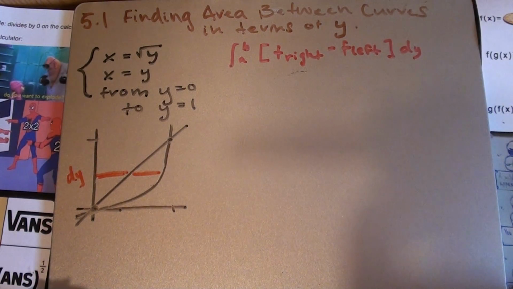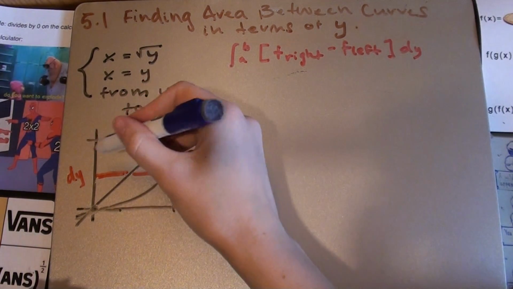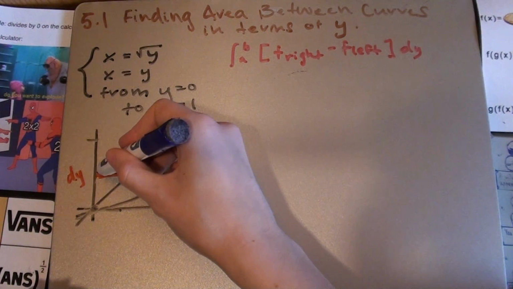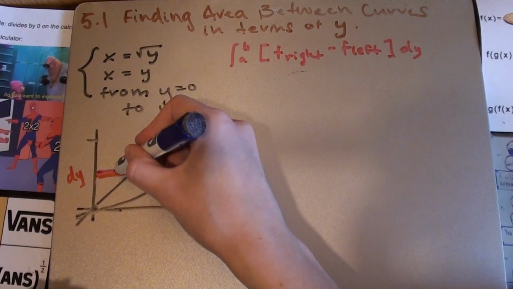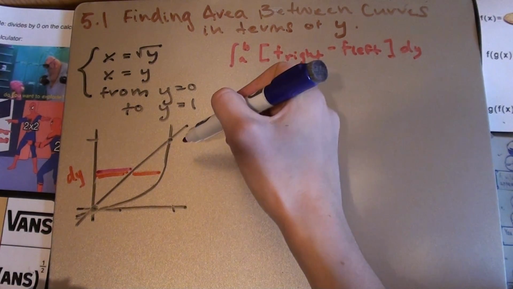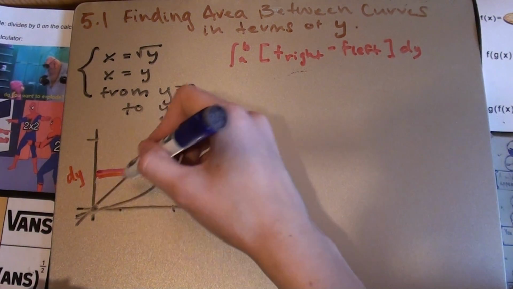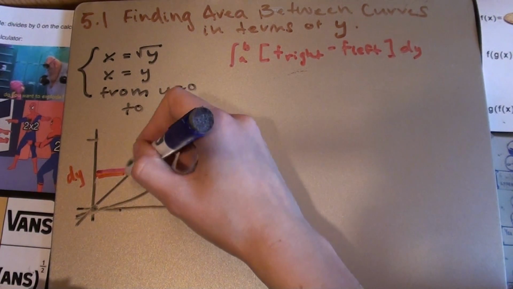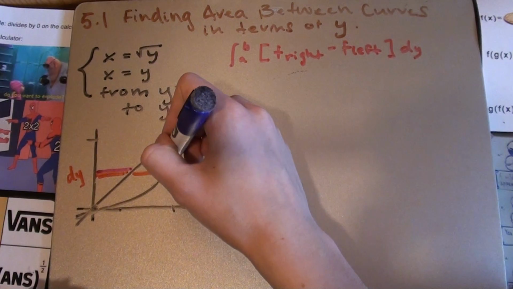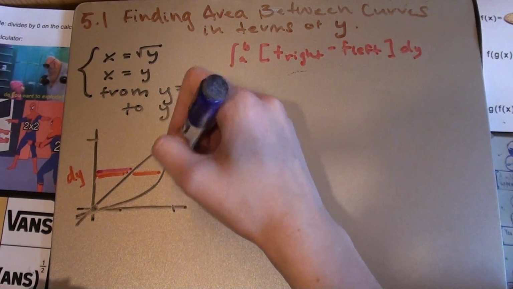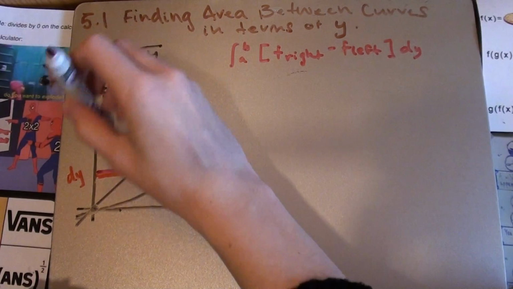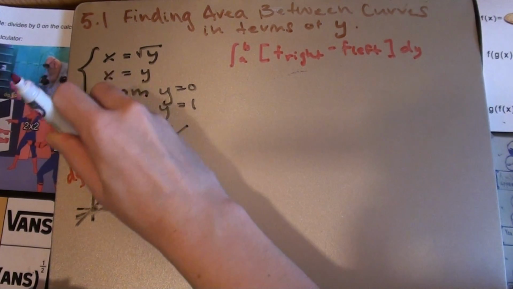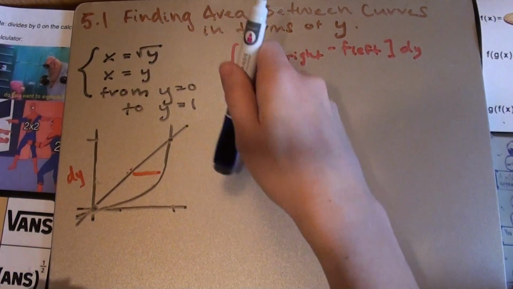Now, in order to get just the banana peel width, we have to subtract out the width up to the point on the function x equals y. So we're going to take the entire length up to x equals the square root of y, and subtract out the length from x equals y. So all we're left with is just the width inside of there.